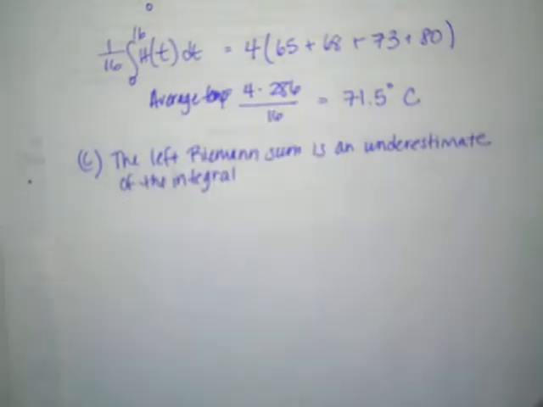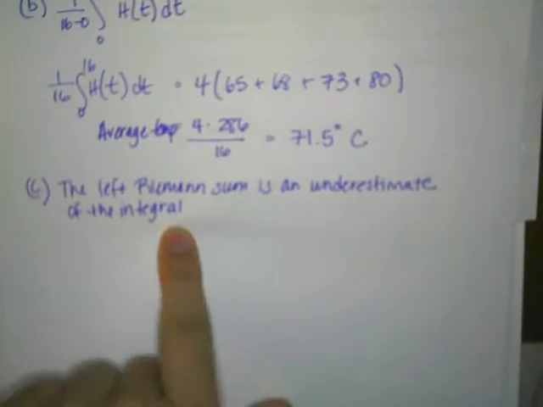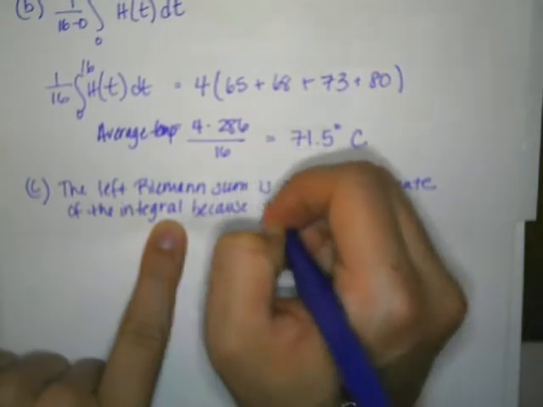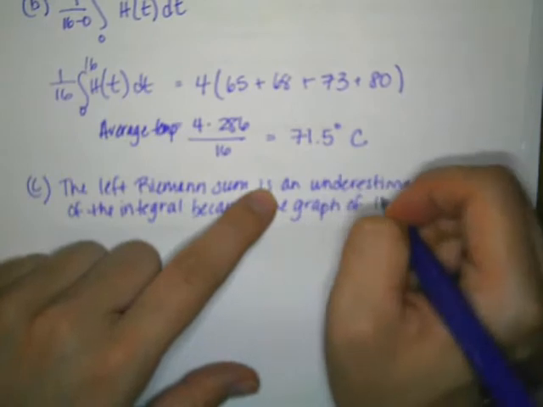We know this is an underestimate because the y values keep increasing in your table, which means whatever this function looks like, it's going to be increasing. And so when you draw in rectangles where the left-hand side is what you're basing your height of your rectangle on, it's all going to be underneath that curve. So the left Riemann sum is an underestimate of the integral, and my reason is because the graph of h is increasing.